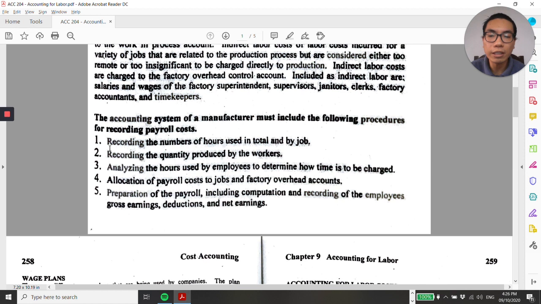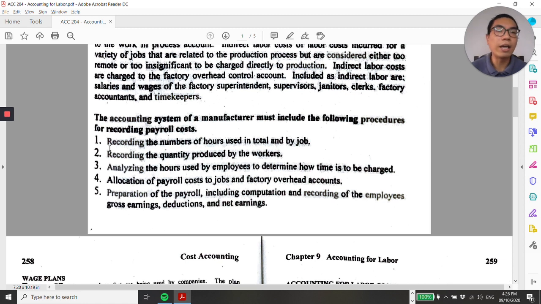For this discussion, you need to remember the job cost sheet discussion in our previous video lecture, because in the job cost sheet we have a separate timekeeping discussion.